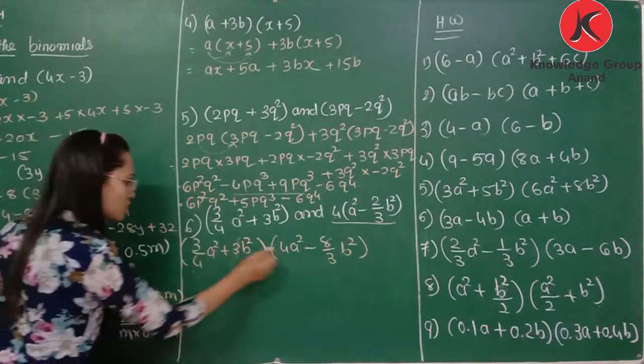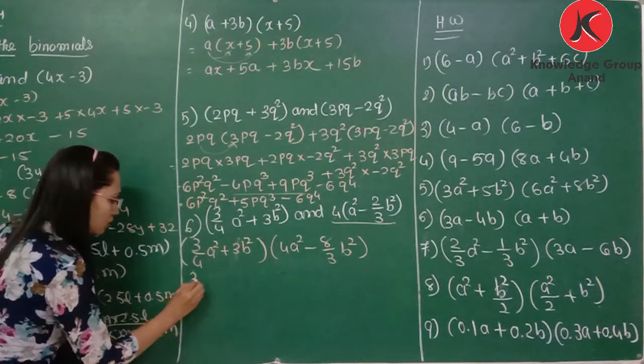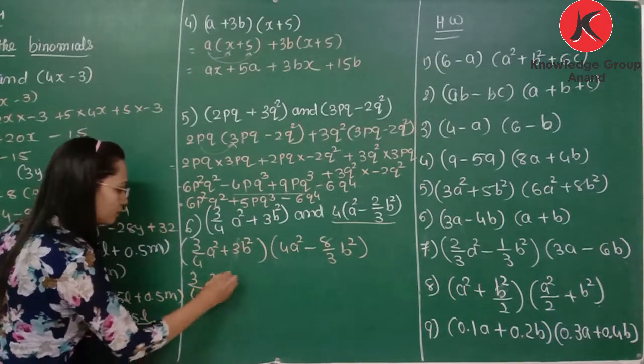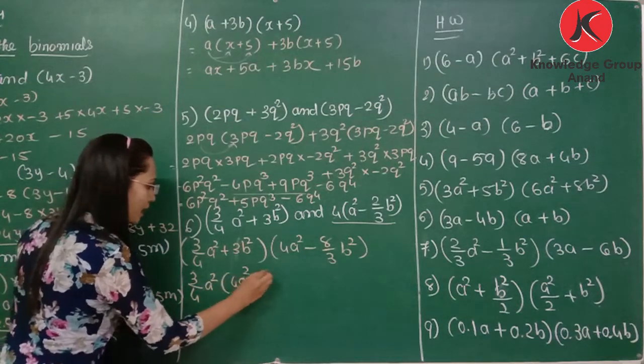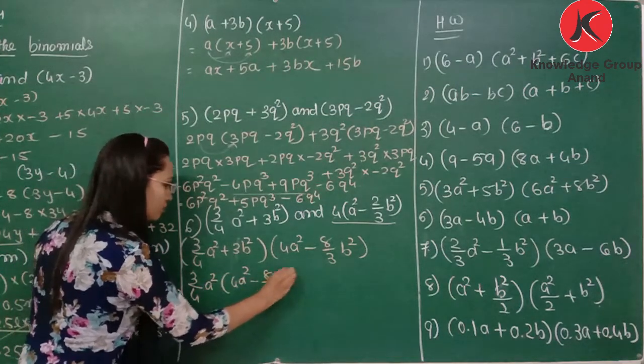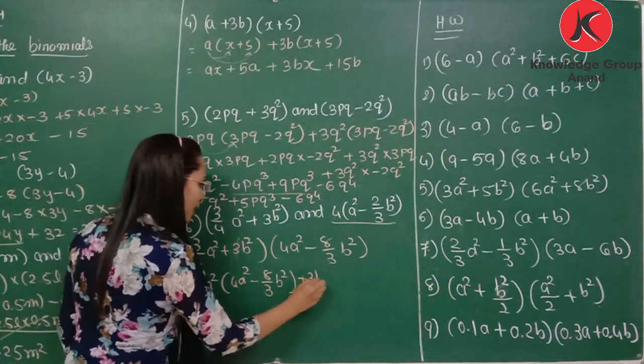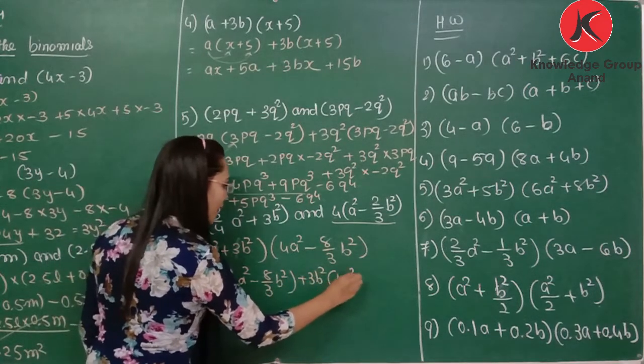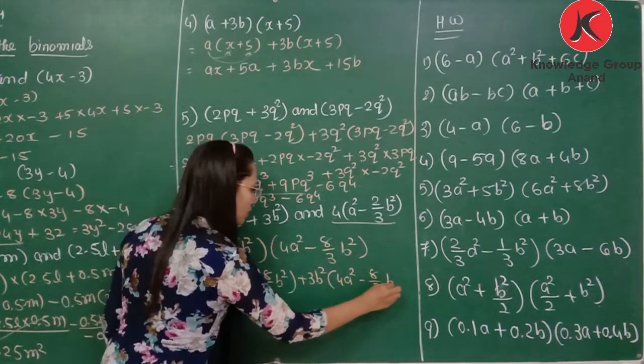Now multiply this expression with this one. 3 by 4a square, 4a square minus 8 by 3b square plus 3b square multiplied with 4a square minus 8 by 3b square.